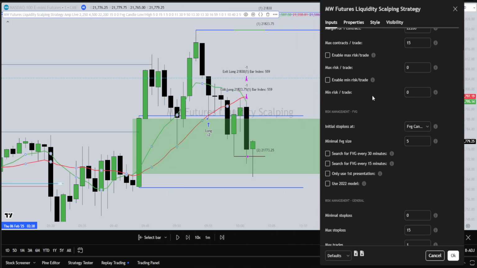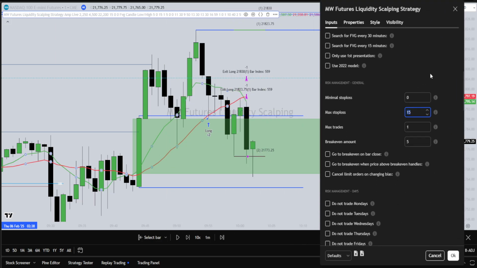To fix this, we go to the risk management general settings and change our max stop loss to 30, because we know that the initial stop loss placement was correct, but the max stop loss was preventing it from being a successful trade.